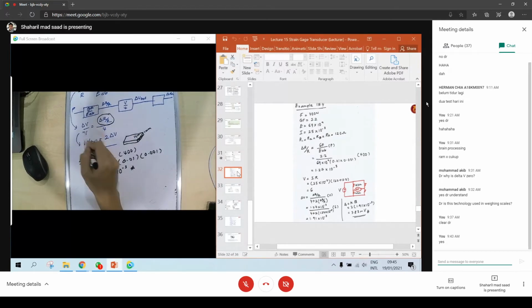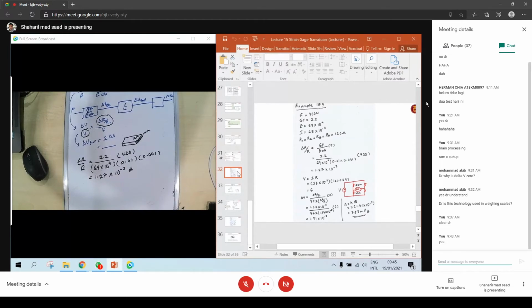In order to use the formula, however, the question doesn't give you the delta V, but it gives you the current flow to the resistor. So if we draw again this Wheatstone bridge, now this is your V. So we look at the question again.